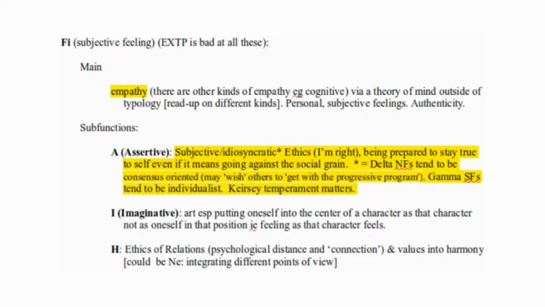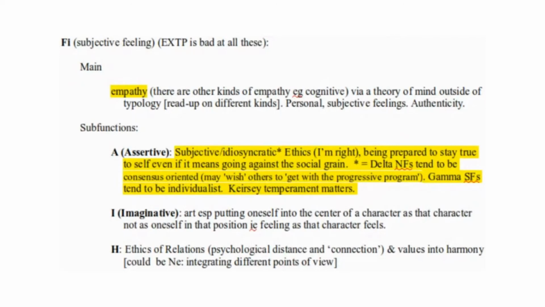Delta NS tend to be consensus oriented. Okay. I see, whilst using FI. Well, yeah. Gamma SFs tend to be individualist. Gamma, that's Keirsey temperament.